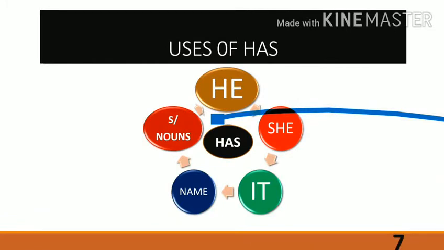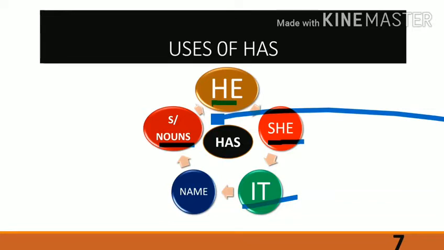Students, now come to here. This is what I am going to tell you, that we have the use of has, where we make the use of has. As you know, has is a little bit singular in itself. We make the use of has with he, with she, with it, with a name, with singular nouns.